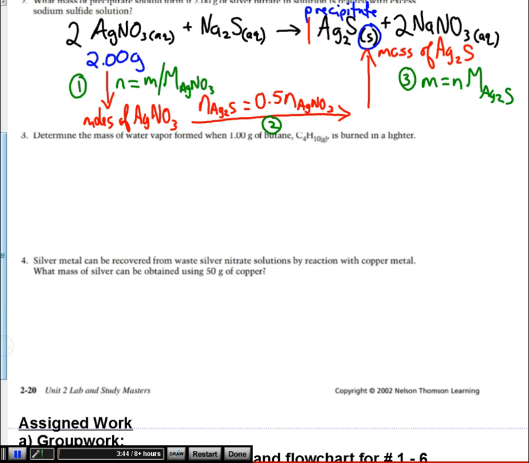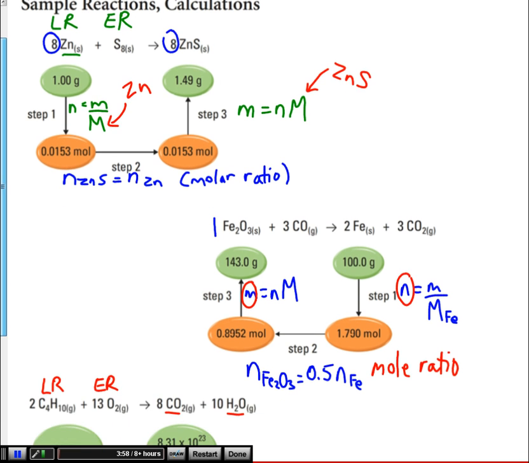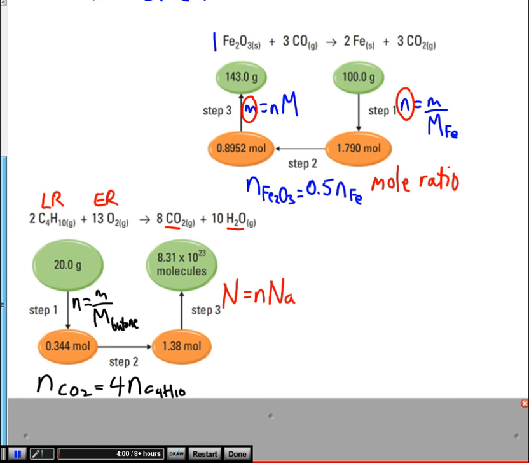Moving on to number 3: determine the mass of water vapor formed when 1.00 grams of butane is burned in a lighter. So in this case, we have butane, a hydrocarbon, C4H10. We've done this one already in a previous example here. So let's not double up on extra steps.